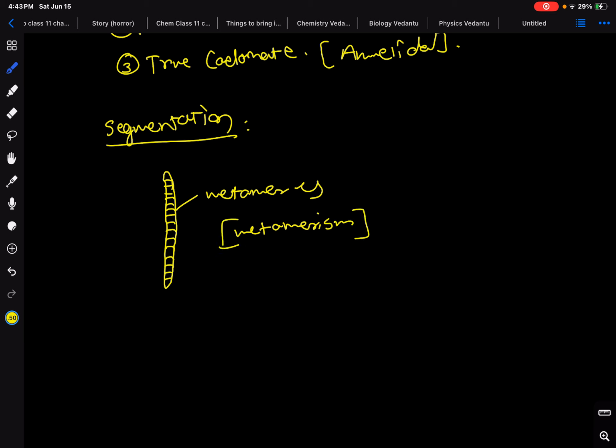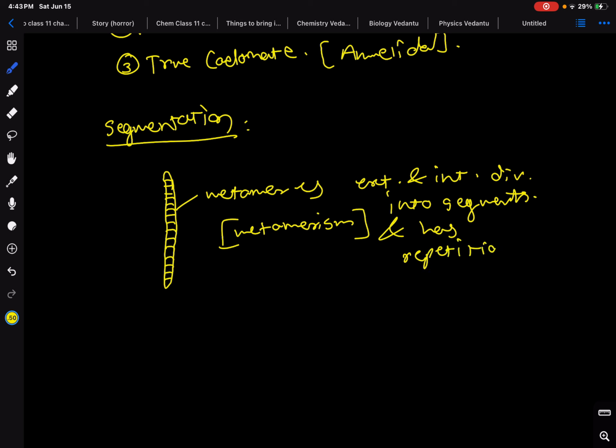So it is when the body is externally and internally divided into segments and has repetition of some organs.